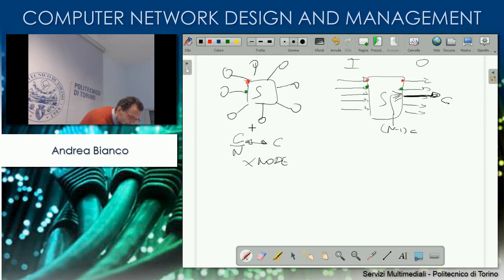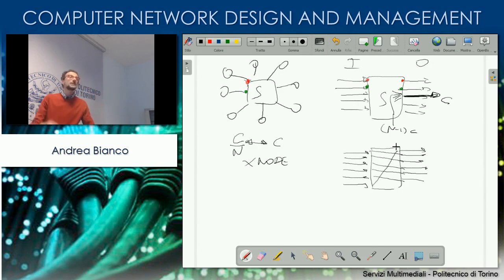The best case, well, it does not make much sense in this scenario to say that each node is sending to himself, right? Normally you don't do that. But just to give you an example, suppose that each node is sending to a different destination. This is just an example. In this case, every node has a capacity C to reach the switch, and the destination is on a different output where you have a capacity of C. No problem.